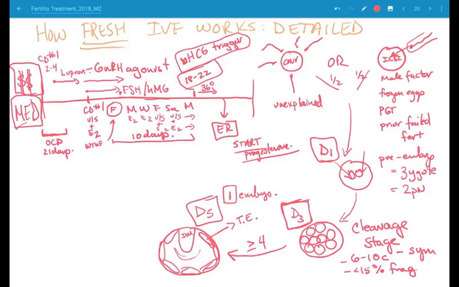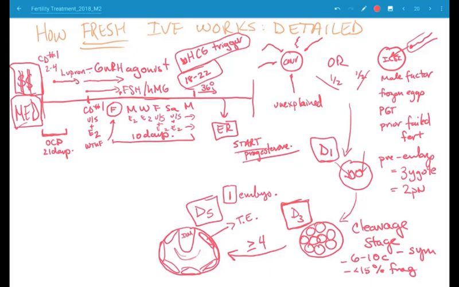So the progesterone exposure to the endometrium should match or be synchronized to the day of the embryo. It's not perfect, but the reality here is this patient is getting supplemented with progesterone to help support the endometrium so that it's gotten the appropriate amount of progesterone exposure, so that when the embryo is placed into the uterine cavity, the embryo is in an environment where it would be receptive.